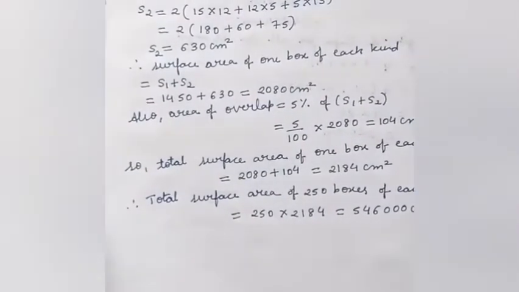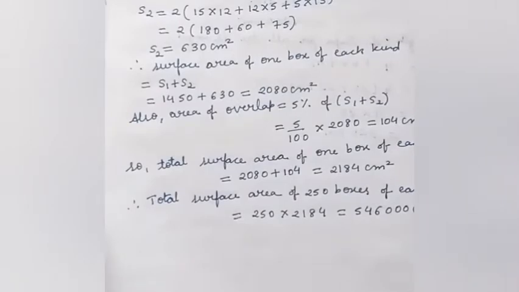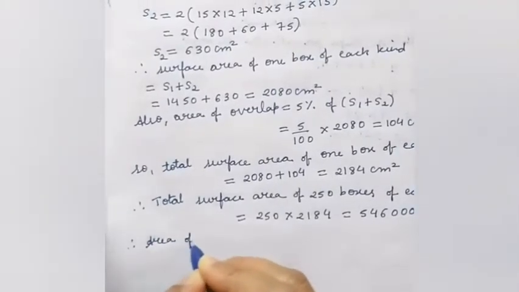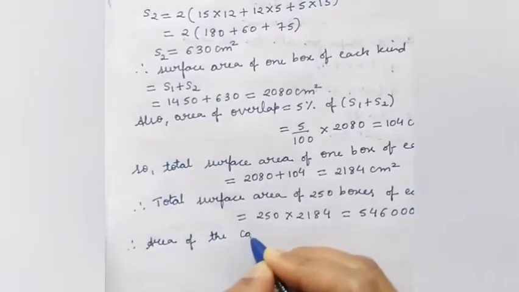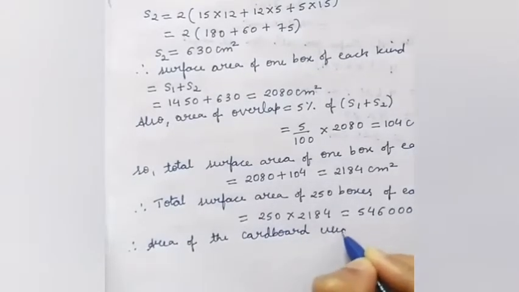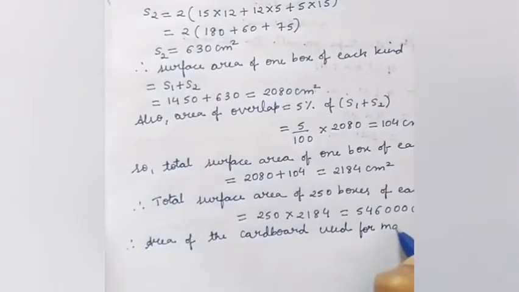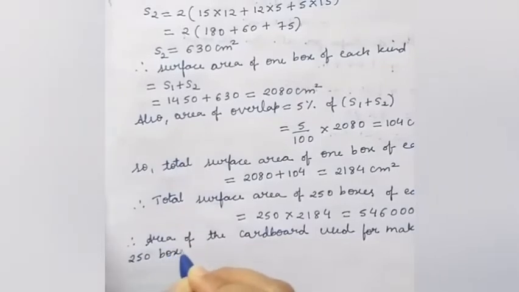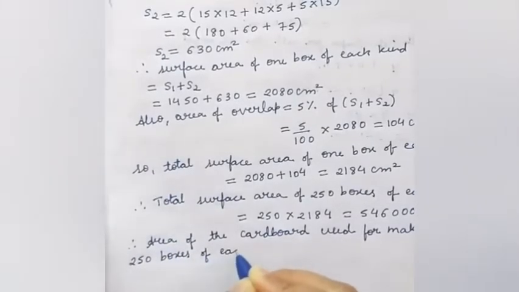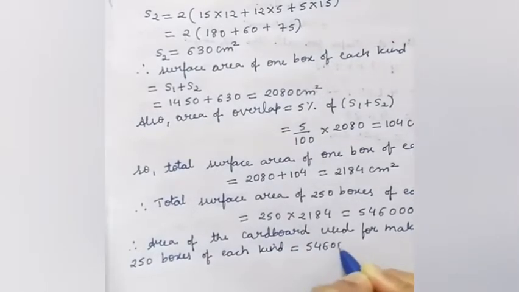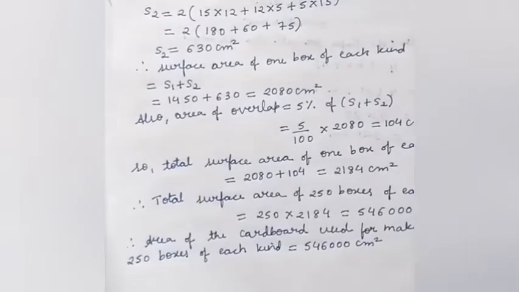Now area of the cardboard used for making 250 boxes of each kind is 5,46,000 centimeter square. Therefore, area of the cardboard used for making 250 boxes of each kind is equal to 5,46,000 centimeter square.